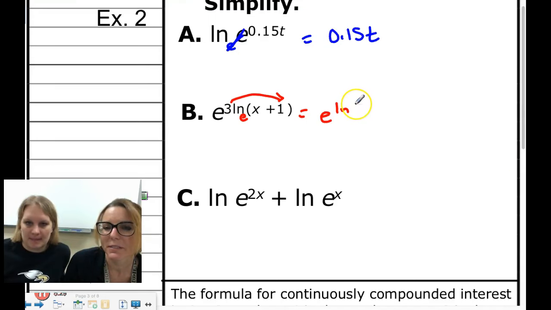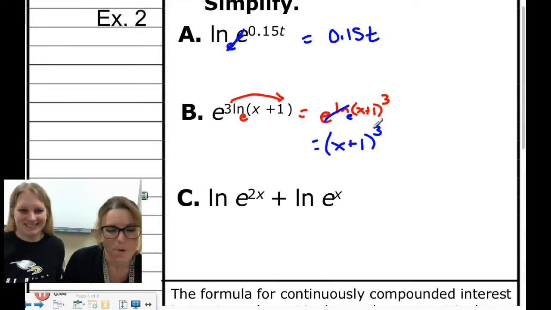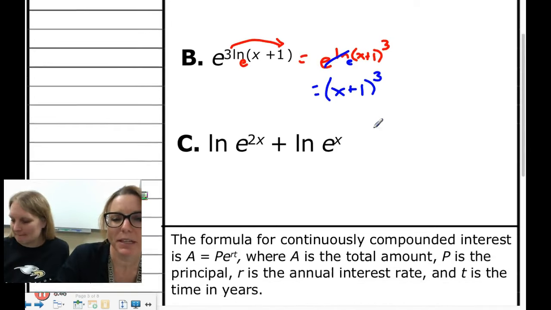Right. Got it. And I'm going to put it in parentheses to the third. Now, again, the natural log is a base of e, so they will cancel. So you get x plus 1 cubed, and that's all you need. We don't have to expand that out. I'm not going to make them do that.